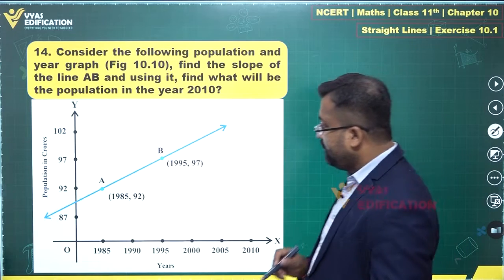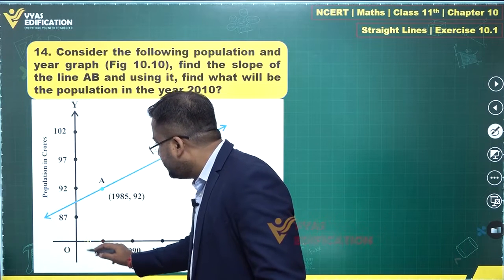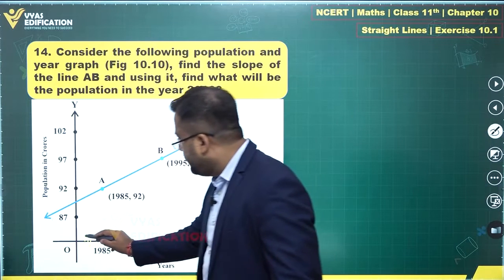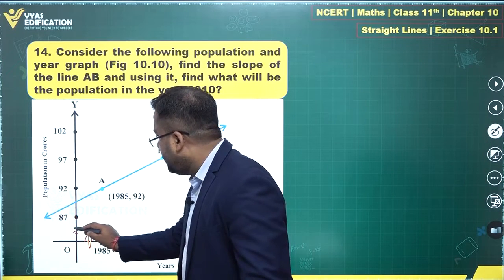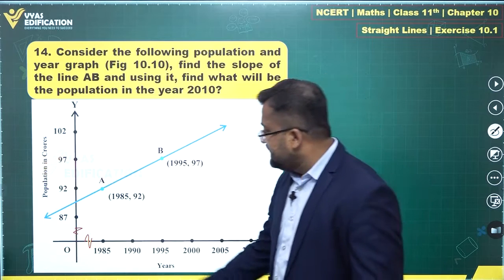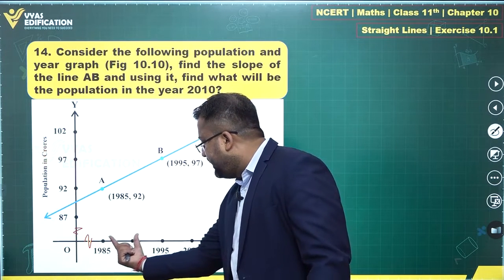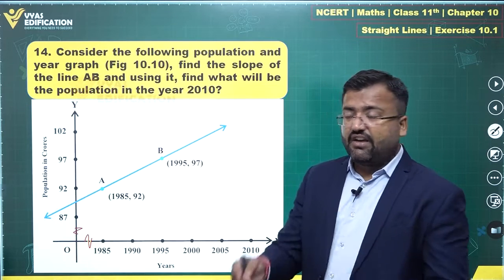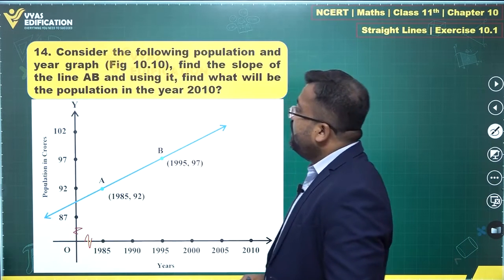This figure is not up to scale. There should have been this kind of a symbol over here. Since this is starting from 1985, 1990, this is 5 units, but this is not 5 units, right? So the graph has been curtailed over there, right?